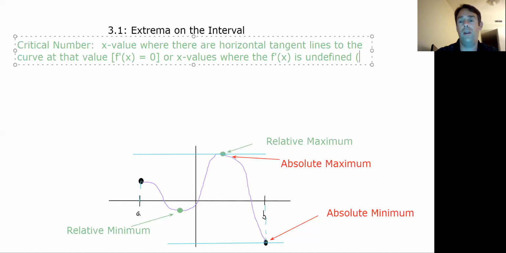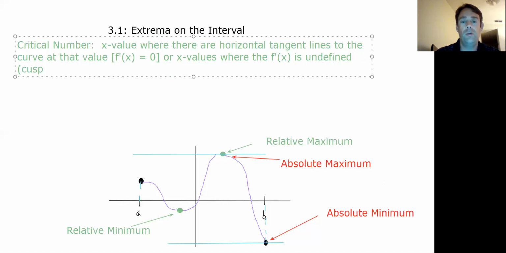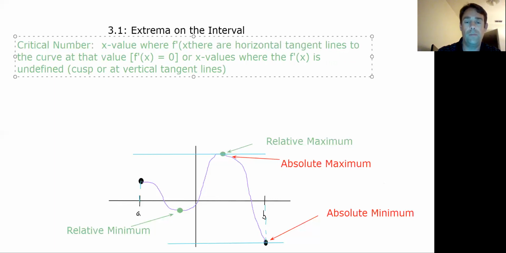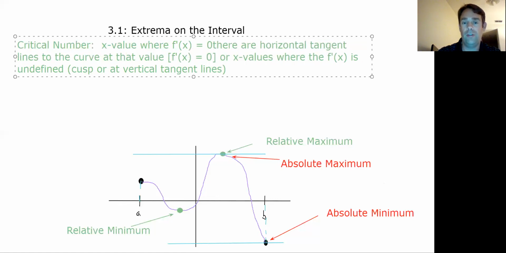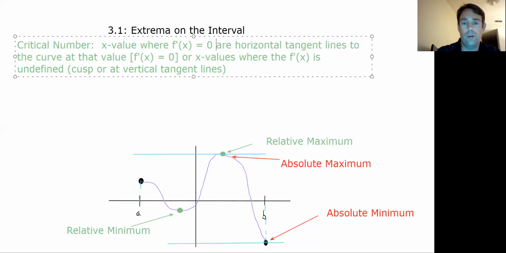That could happen at a cusp, or it could happen at places where there would be a vertical tangent line. So we could probably do this a little bit better here. It's not really about tangent lines, it's about the values. Those are horizontal tangent lines.